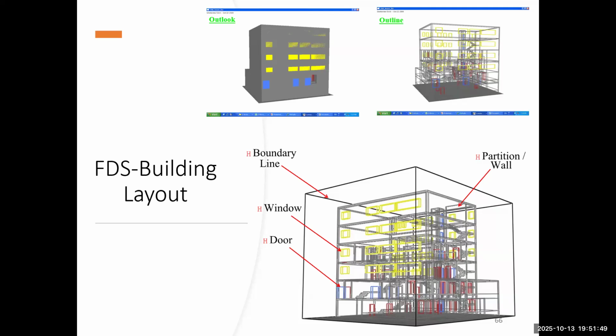It includes the geometry, the walls, the doors, and the windows, which are all essential inputs for the simulation. In the simulation model, we define the boundary of the building and also the internal partitions and walls, and some openings like the windows and the doors.